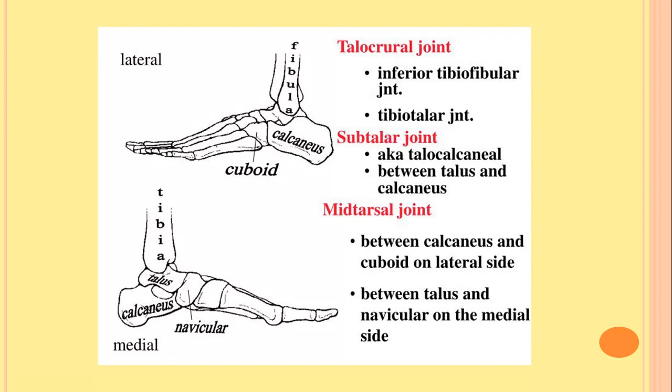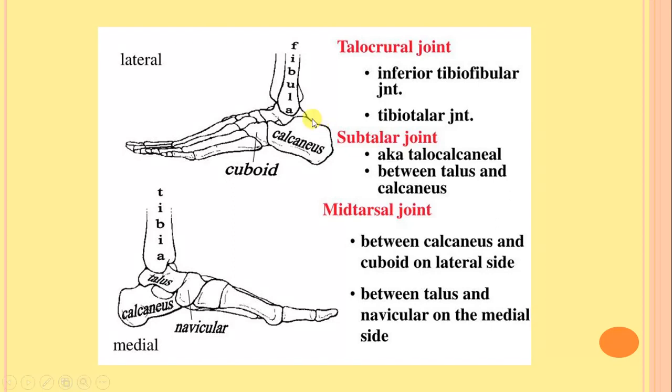Now we have seen during our discussion the talocrural joint, that is the ankle joint. Then we are going to see the subtalar joint between the talus and the calcaneum, and the mid-tarsal joint between the calcaneum and cuboid on the lateral side, and between talus and navicular bone on the medial side.